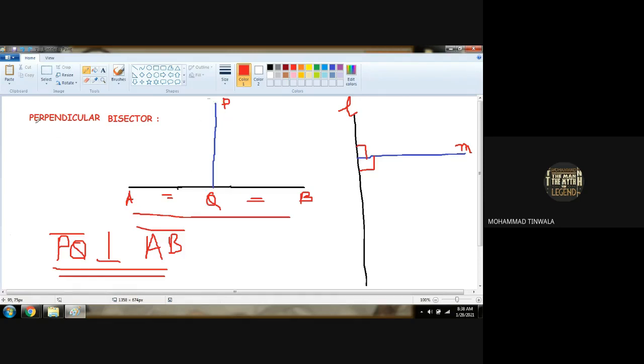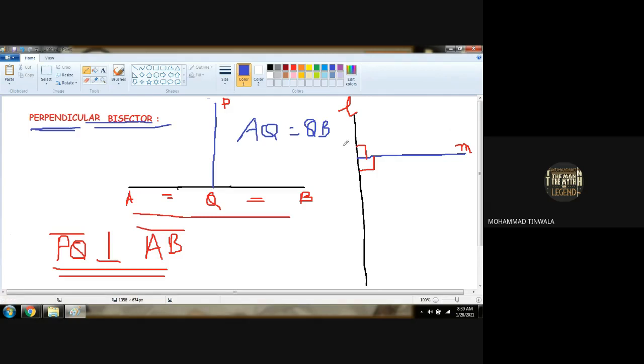The line which perpendicularly bisects line segment AB, means line segment AB is divided into two equal parts, where we can say AQ is equal to QB. Did you understand? This line is known as perpendicular line, but it is known as perpendicular bisector. Understood?